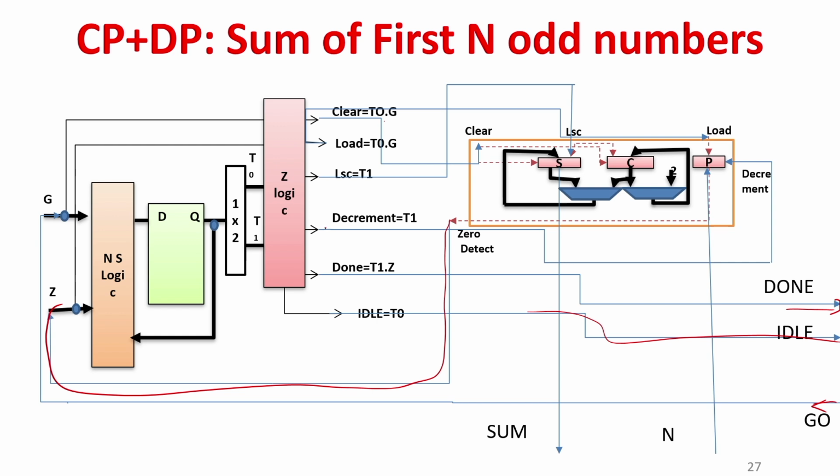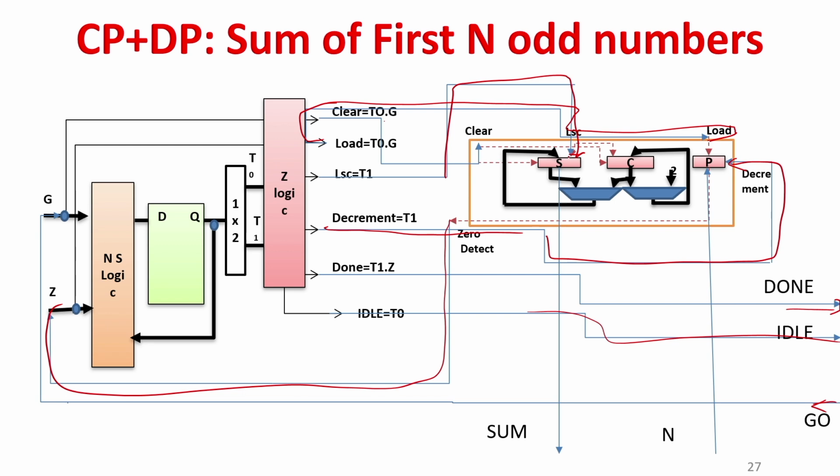From the Z logic, whether to decrement or not, it is coming from this side. This is the data path. Then load 1 is connected, and LSC is connected to LSC. In this way it is connecting both the control path and the data path, and some signals come from outside.